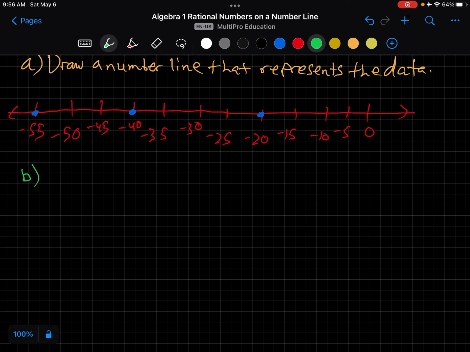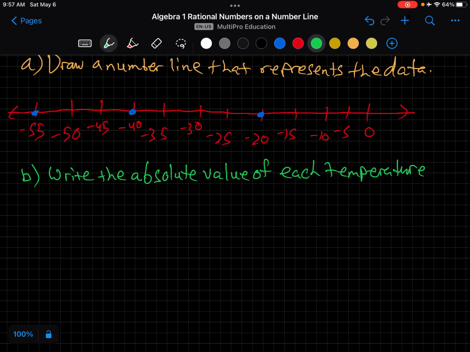All right, now, what do we want to do with this information? We want to write the absolute value of each temperature.